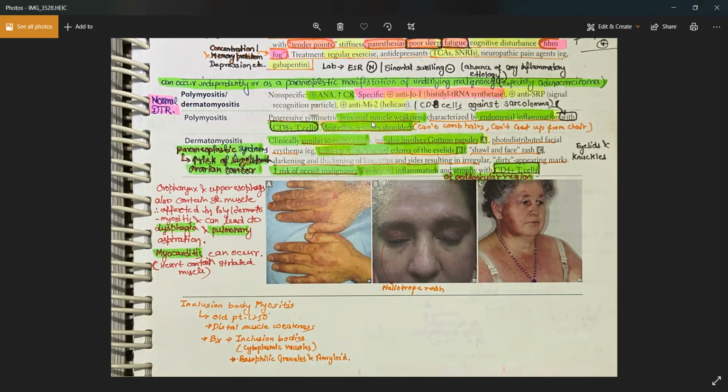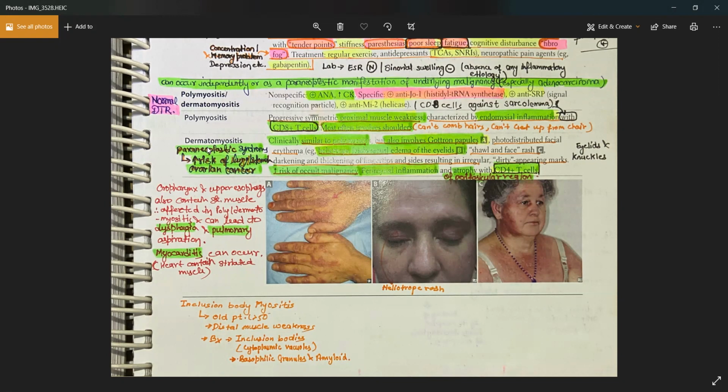The pulmonary muscles can also be affected. They will also be inflamed, and as a result, the patient can get restrictive lung disease in case of that, right? You will get a decrease in the muscle movement, and aspiration could be there because of that. So all these are the symptoms of polymyositis.